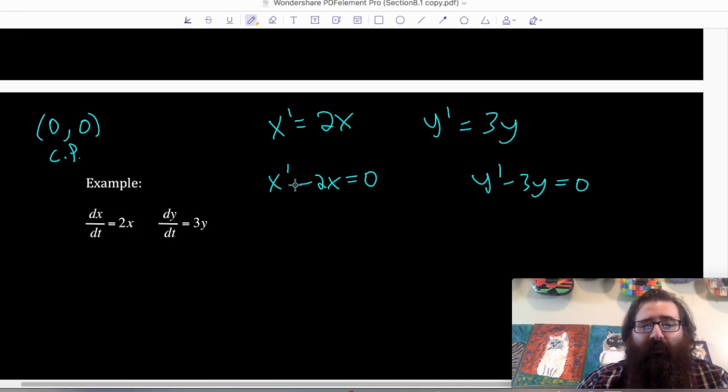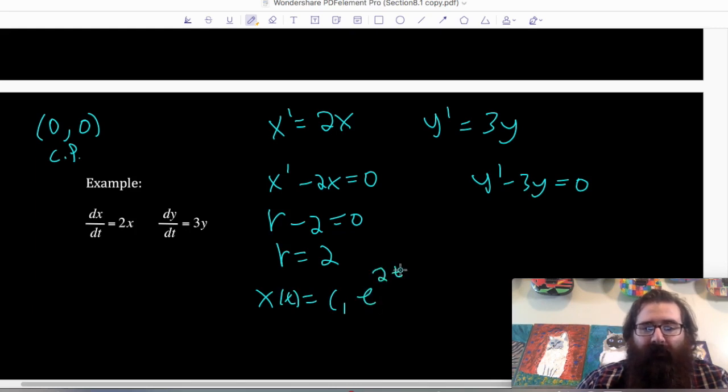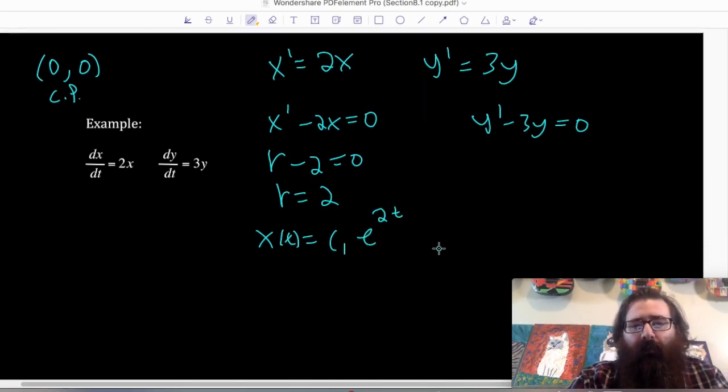The characteristic equation here on this x prime equals 2x gives me r minus 2 equals 0, or r equals 2, meaning that x at t is some constant c sub 1 times e to the 2t. And solving for y, with y prime minus 3y equals 0, we get characteristic equation r minus 3 equals 0.